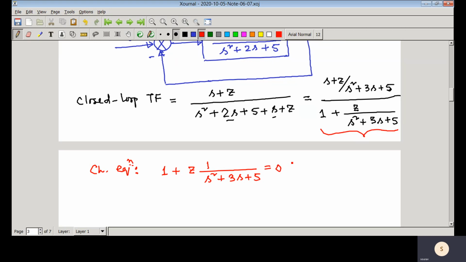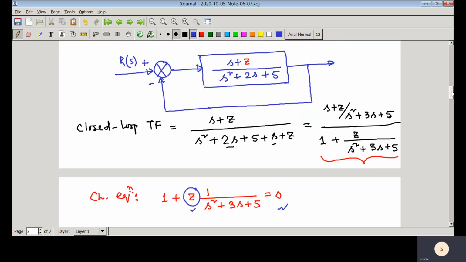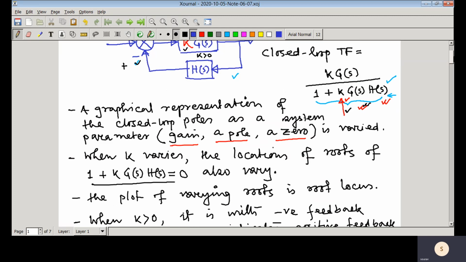And here the problem is that z is varying. We are interested in seeing the locations of the closed loop poles when z is varying. Interestingly, we can see that this particular structure and the root locus structure we have discussed are in the same framework.